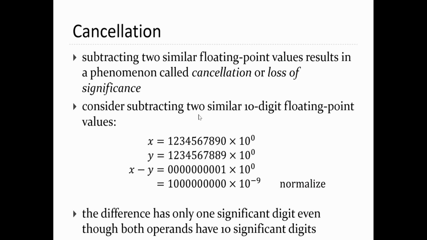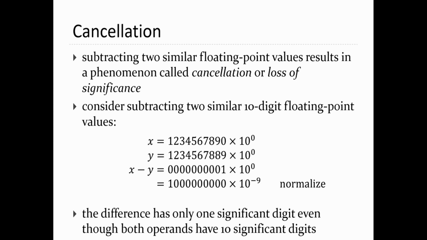So I've got two 10-digit floating point values, so I am able to have 10 digits in this example. I've got two values, and they're very close. In fact, they only differ by 1, and the difference is in the last 2 digits here. Did I write this down right? No, okay, I think we're good. So 10 digits, they're very close together.